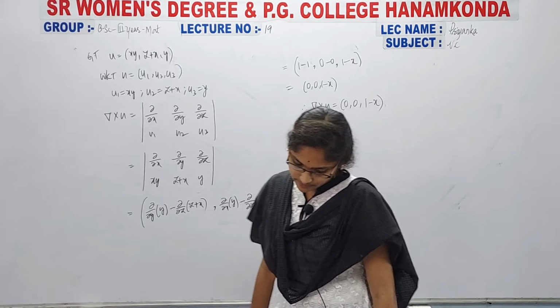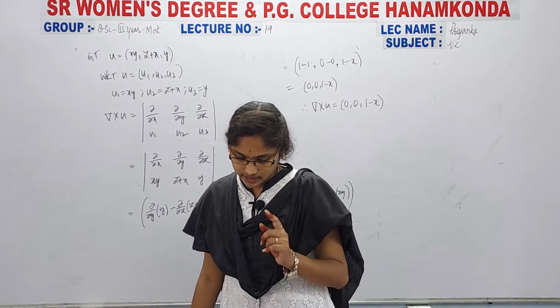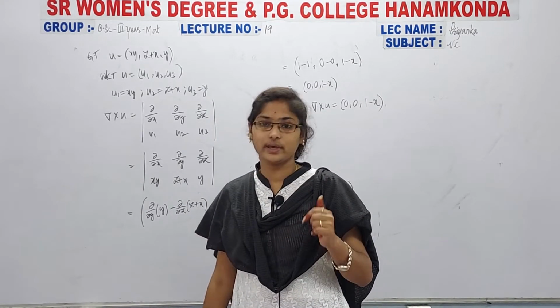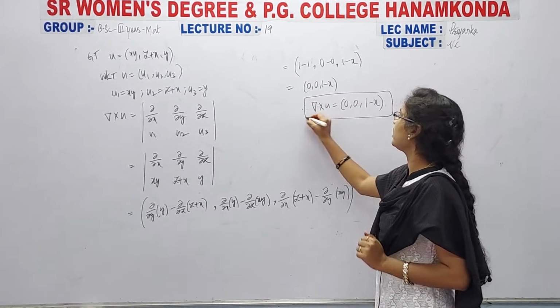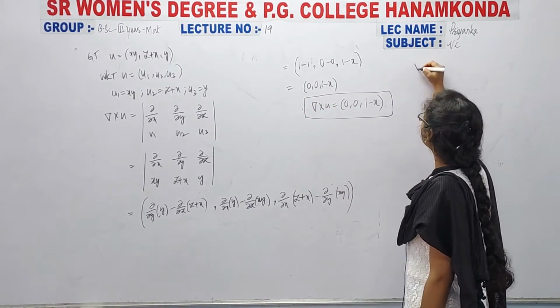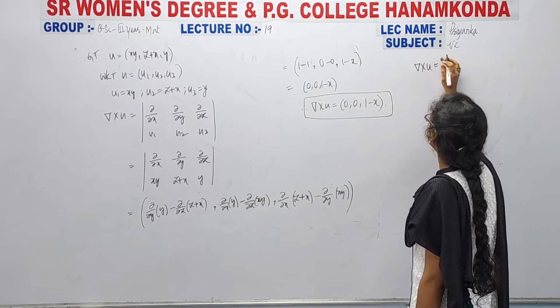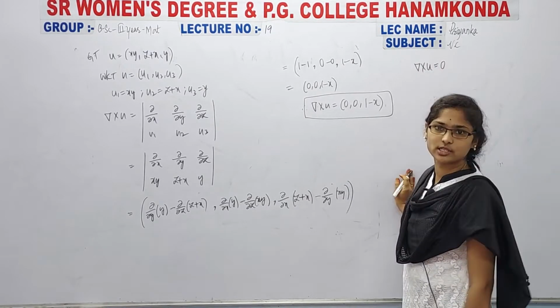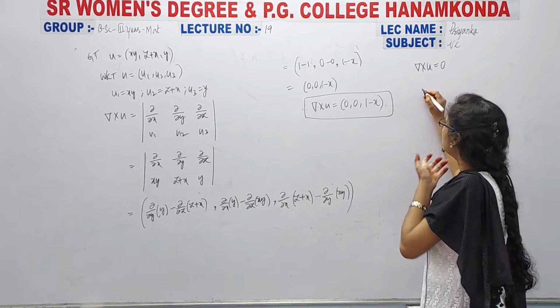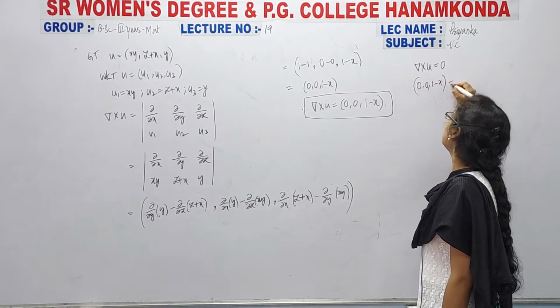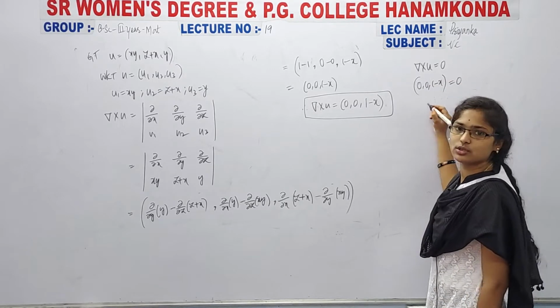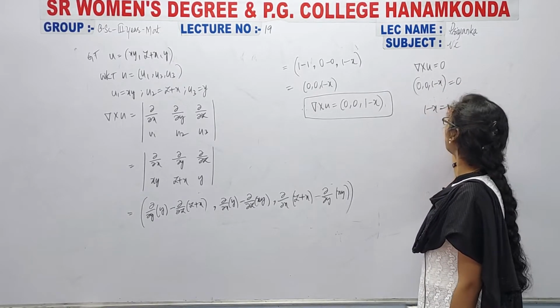They asked to calculate curl u and find the points where curl u is equal to 0. So this is the curl u. Now we have to find the point where curl u is equal to 0. So (0, 0, 1 minus x) equal to 0: 0 equal to 0, 0 equal to 0, 1 minus x equal to 0.